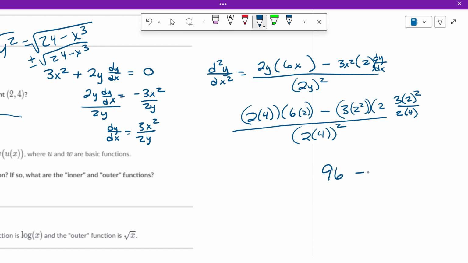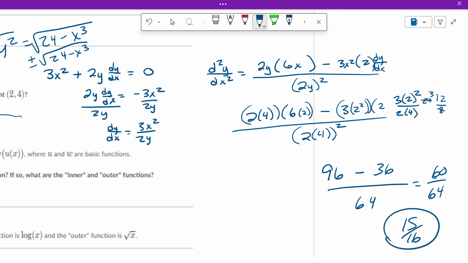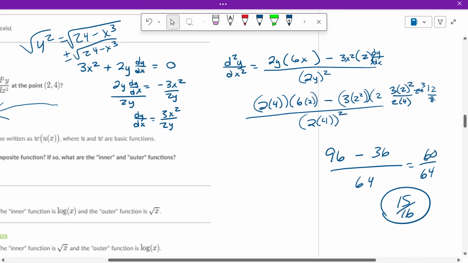So it's 96 minus, this is 12 over 8. This part is 12 over 8. And this part is 24. So that breaks down into 36, which is 60 over 64, which is 15/16. Yeah, hopefully that's right. But yeah, I screwed that one up.